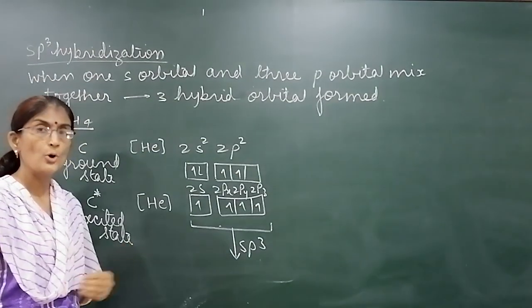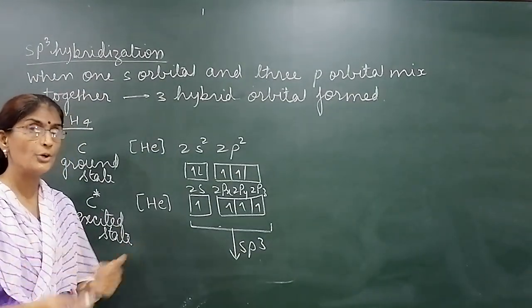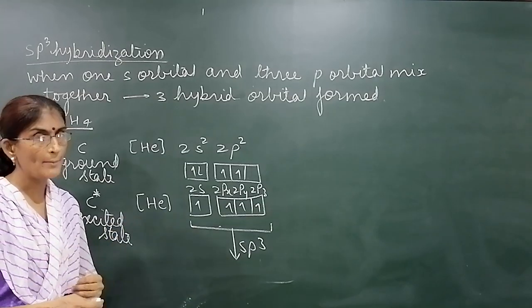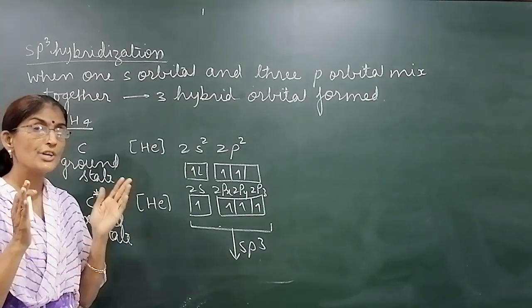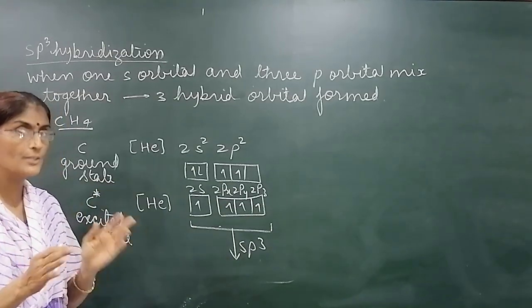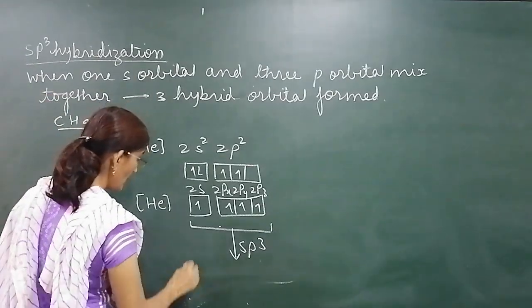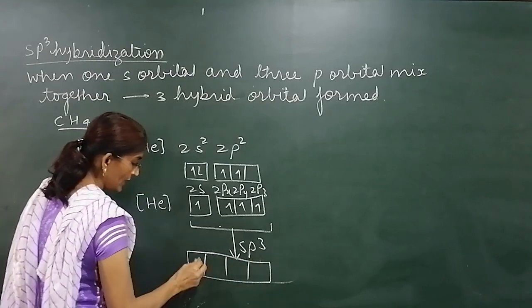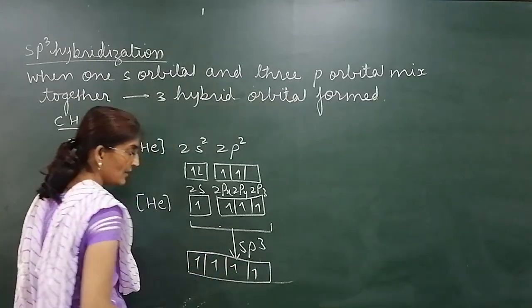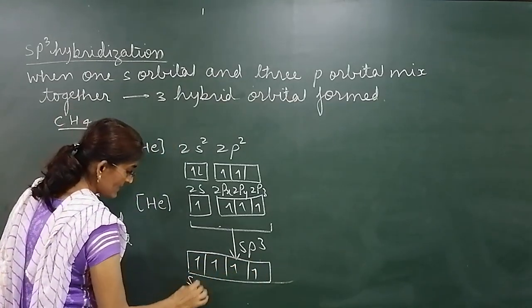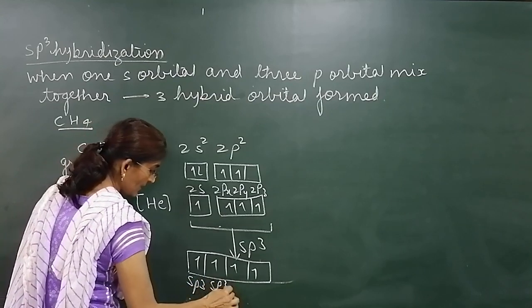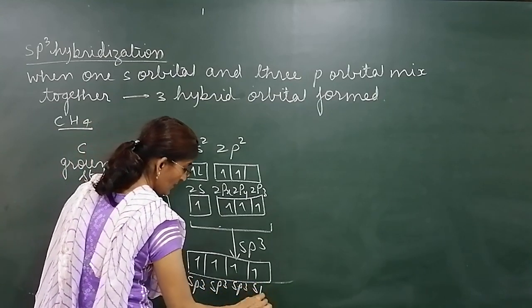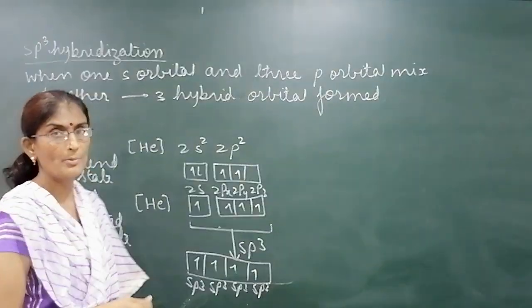4 atomic orbitals mix together and 4 new orbitals are formed, which are called hybrid orbitals, of identical shape, size and energy. These are 4 hybrid orbitals: 1, 2, 3 and 4. Each has 1 unpaired electron in it. These hybrid orbitals are known as SP3 hybrid orbitals.